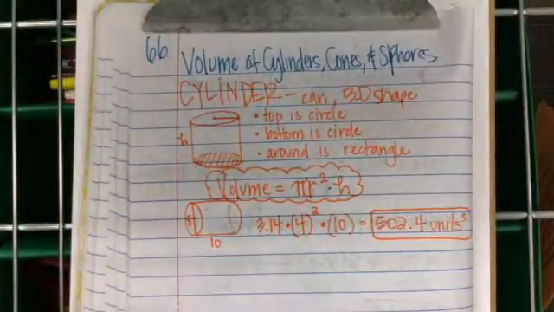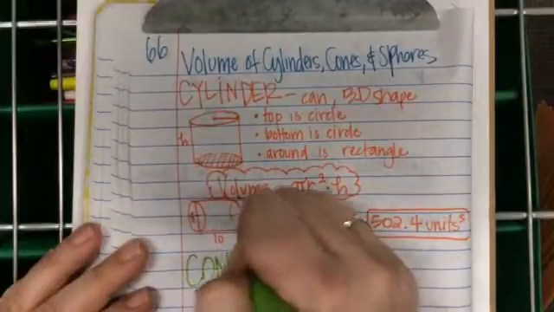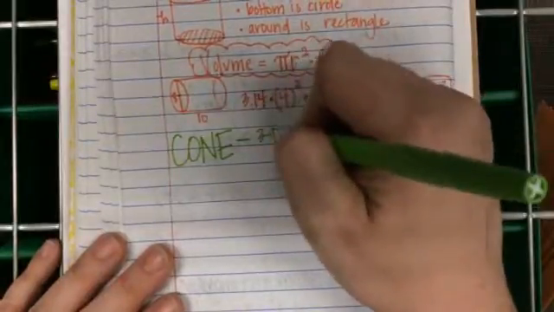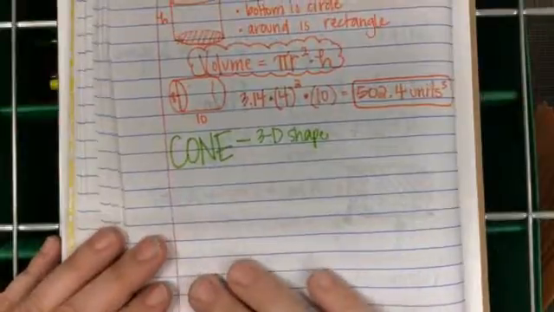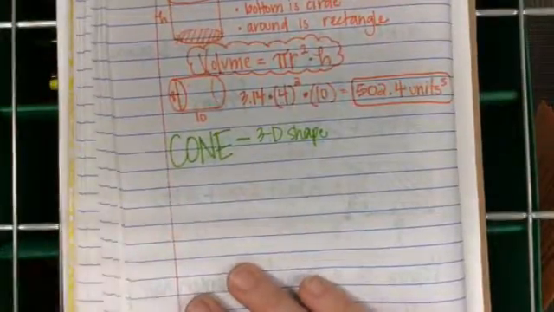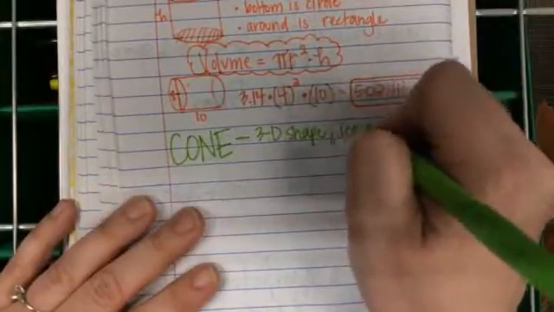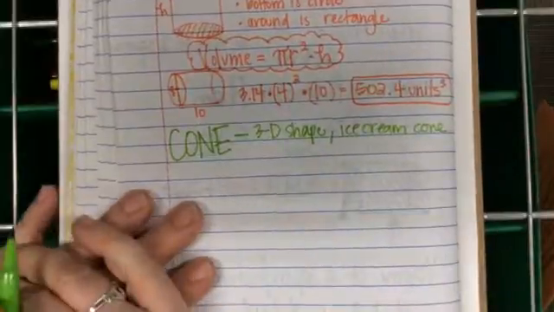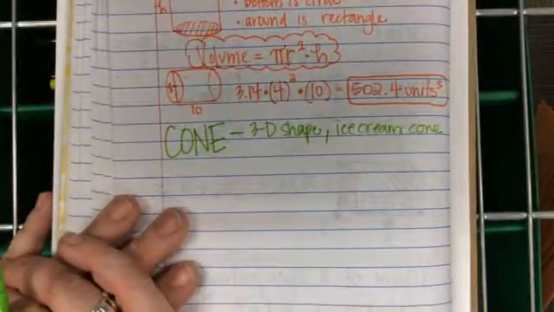Cylinder. A cone is next. A cone is a 3D shape. Shaped like a what? Ice cream. Yeah, it's like an ice cream cone, or a traffic cone, or a party hat.